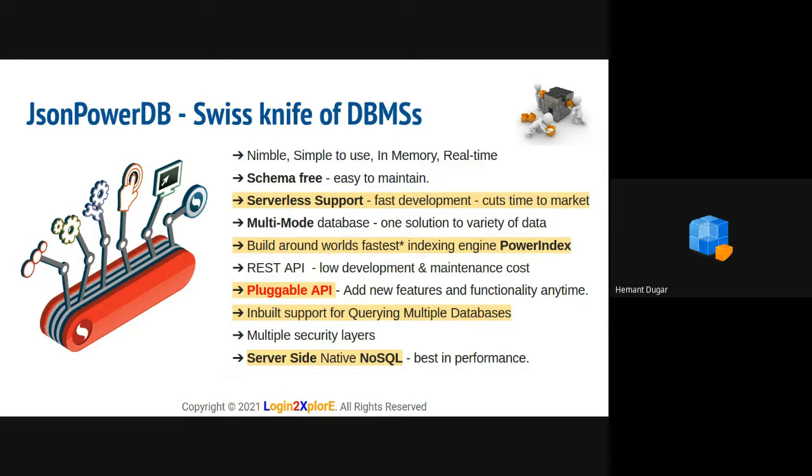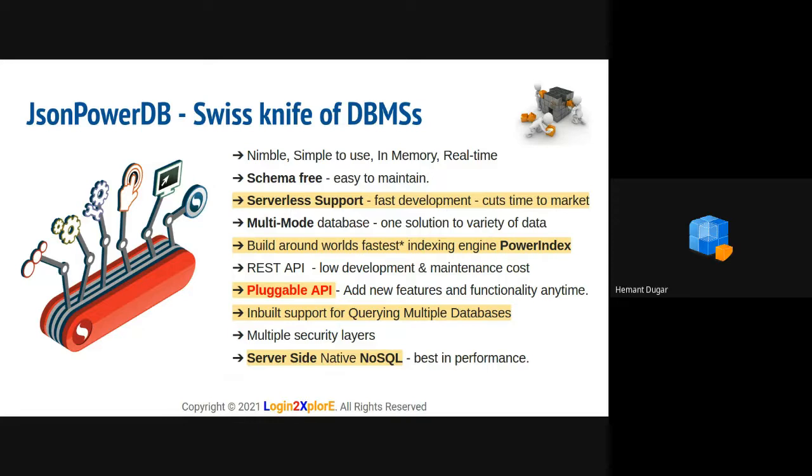Another difference between MongoDB and JSON PowerDB is that MongoDB is basically a document-oriented database, whereas JSON PowerDB is not only a document-oriented database, but all its communication is in JSON form, in document form.